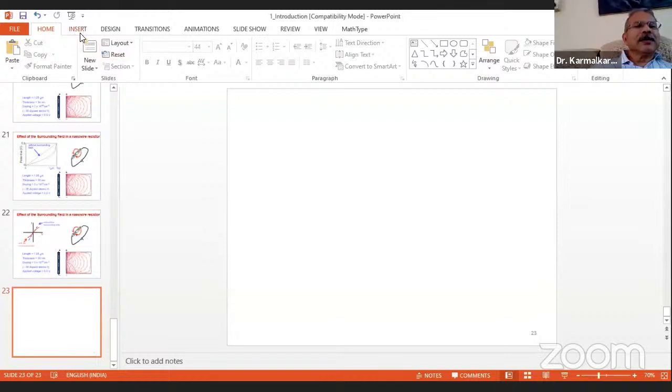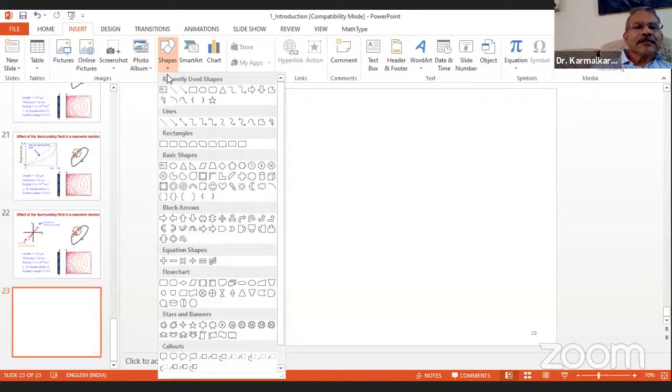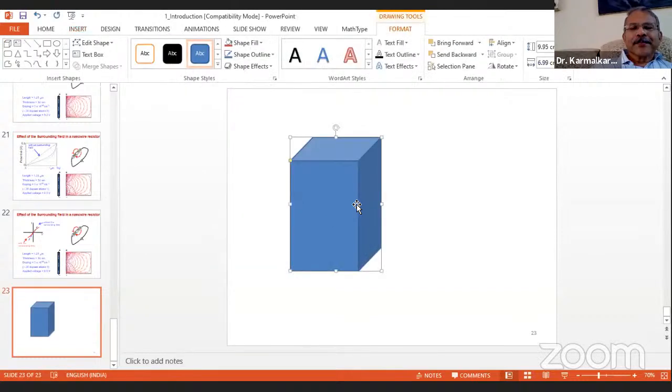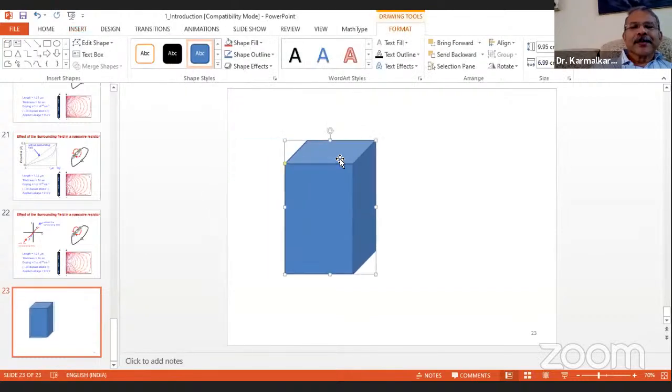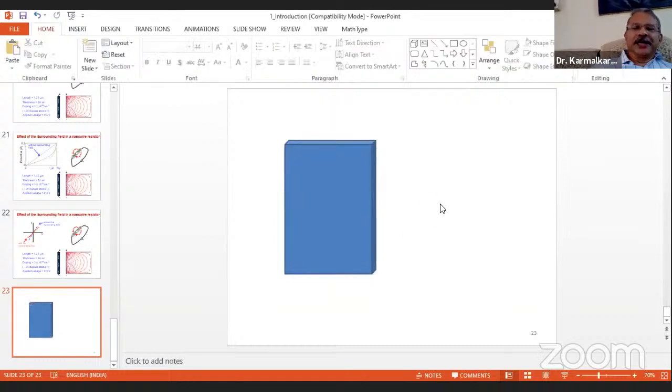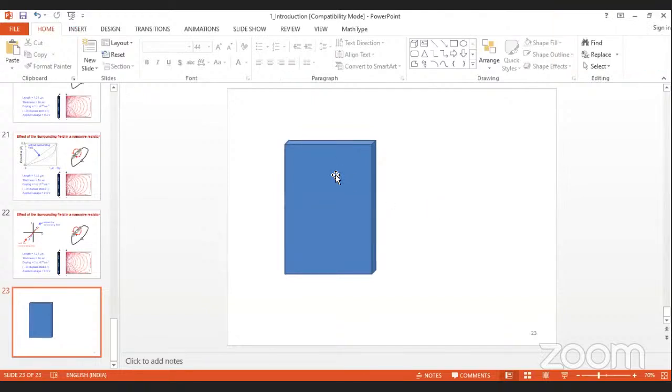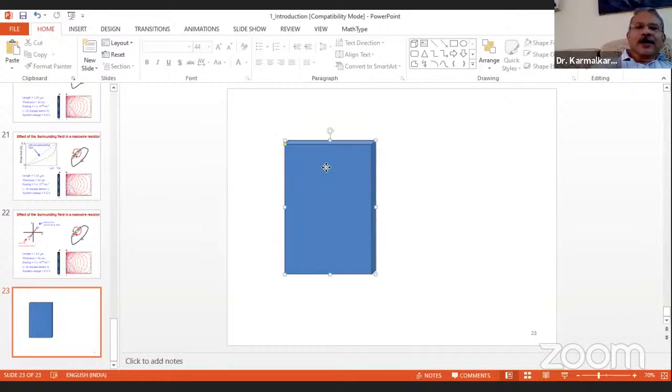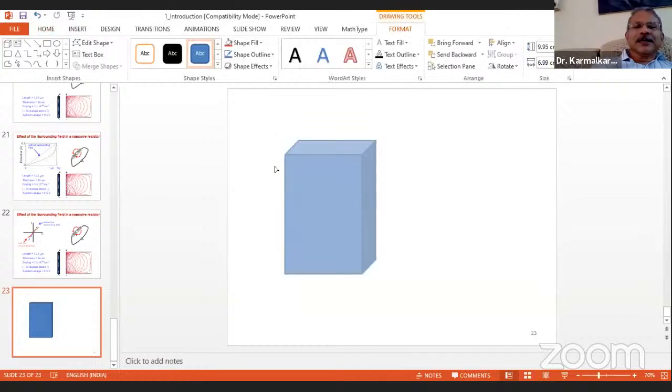So let us say I'm drawing a sheet. Okay, say this is a sheet. Let me make it slightly different, then it will be better. Let me make it like this.